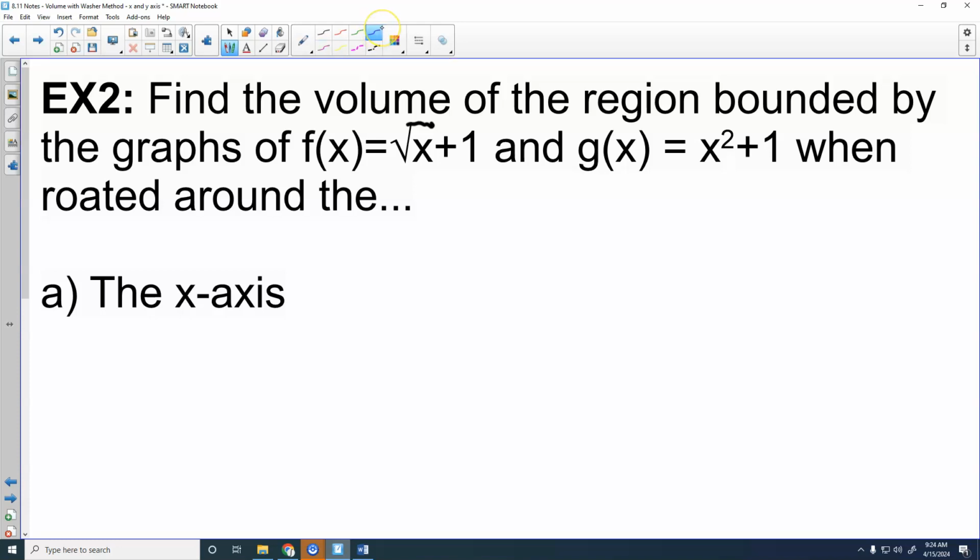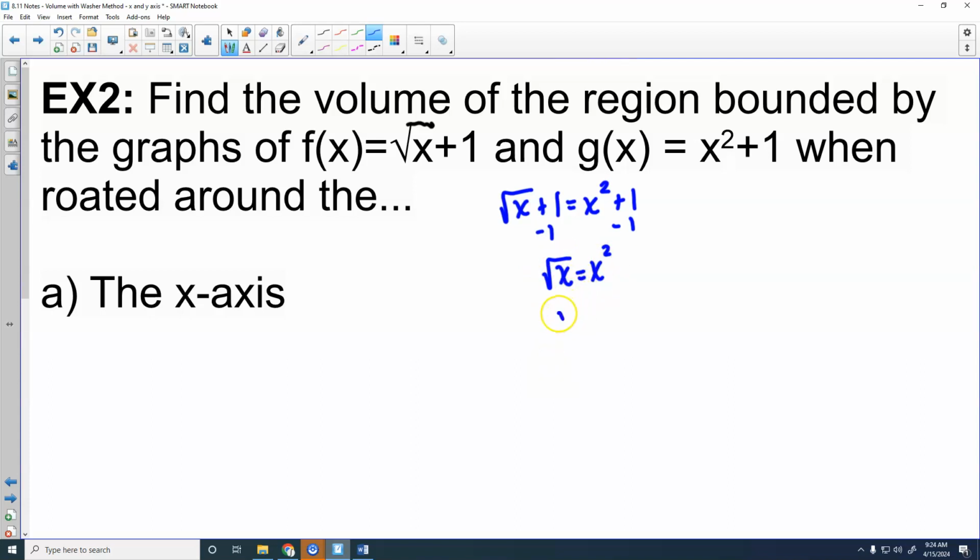We need to know where they intersect. What do we do to find where they intersect? Set them equal to each other. So square root of x plus 1 equals x squared plus 1. We would just subtract the 1s. That gives us square root of x equals x squared. We just solved that on the last problem.